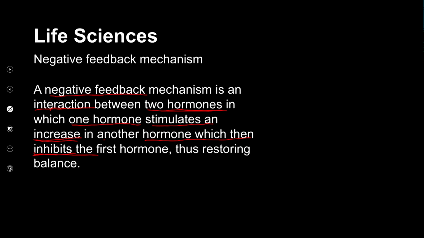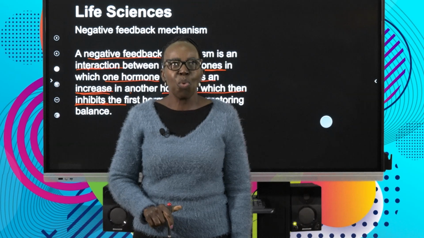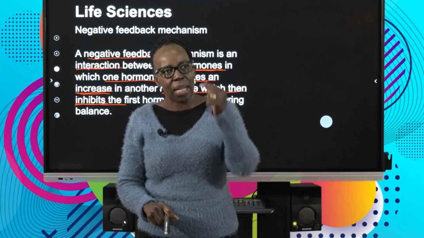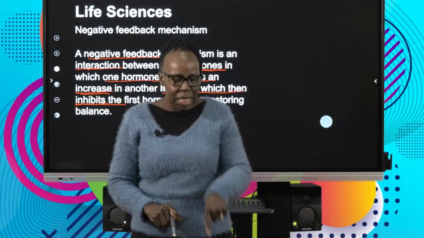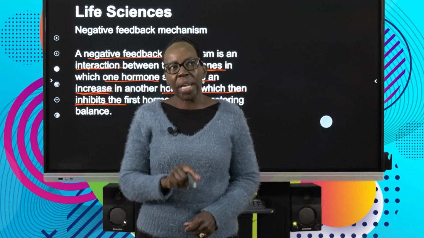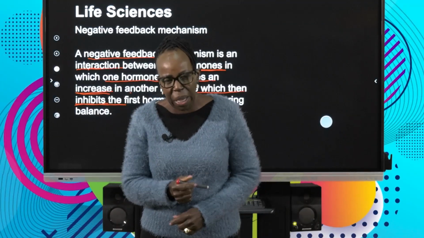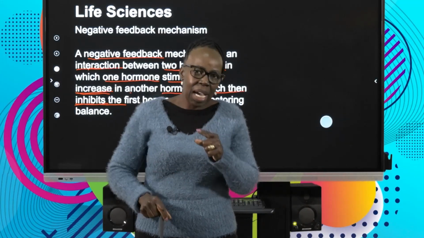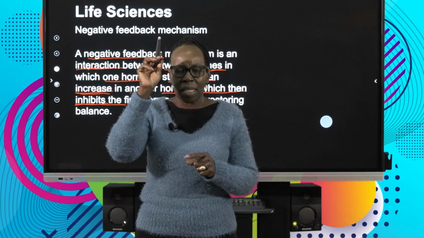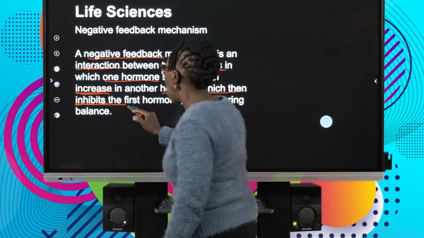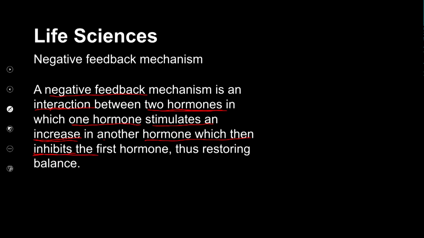So in this process we see one hormone being stimulated to increase and one being decreased or inhibited from being secreted. You can see it's an interaction between the two hormones. The other one makes the secretion high, and then the secretion goes down. So that's how I described the negative feedback mechanism.